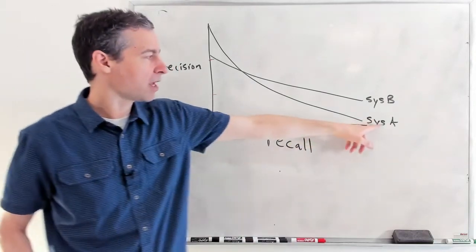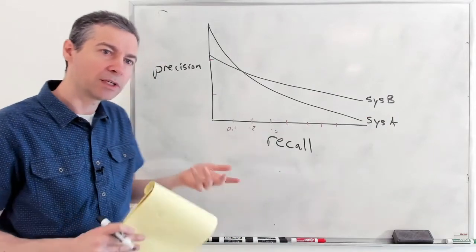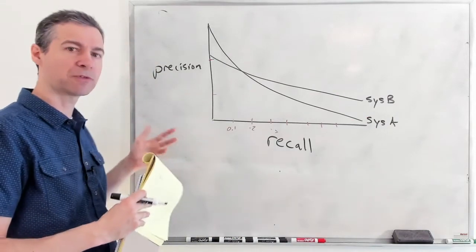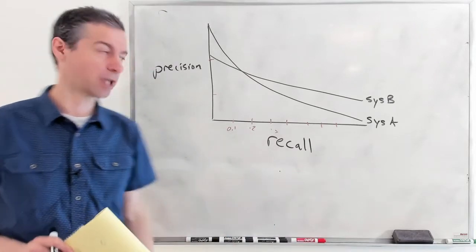So system A seems to be tuned towards getting relevant documents near the top of a ranked list, but overall it has trouble finding most of the relevant documents.